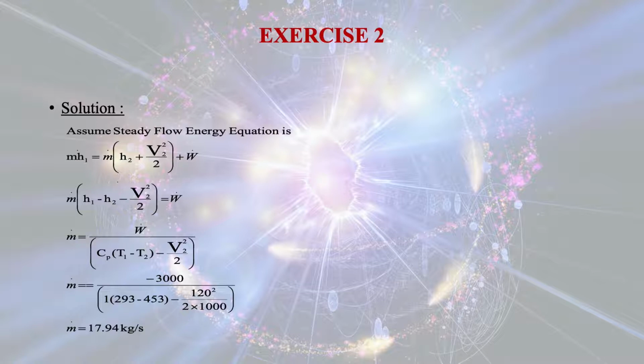You have to divide by 1000, that is 120 square by 2 within bracket, that is 1000. Because if you put only the value of V2 square by 2, that will come out in joule, but you have to convert into kilojoule. So finally you get the mass flow rate equal to 17.94 kg per second.